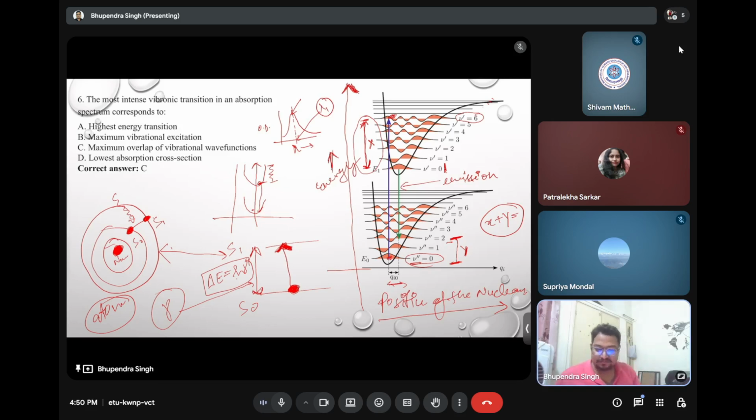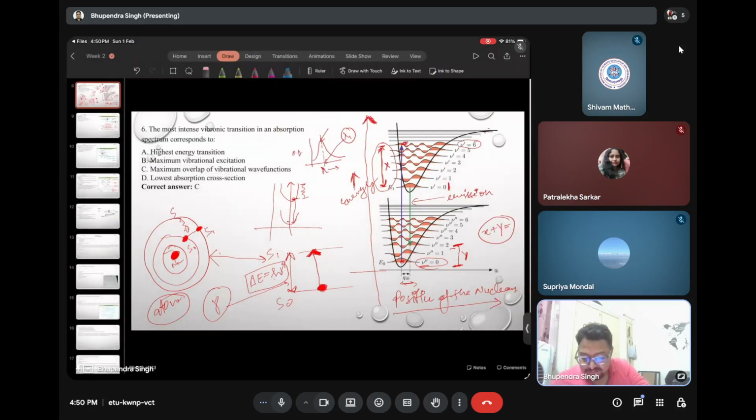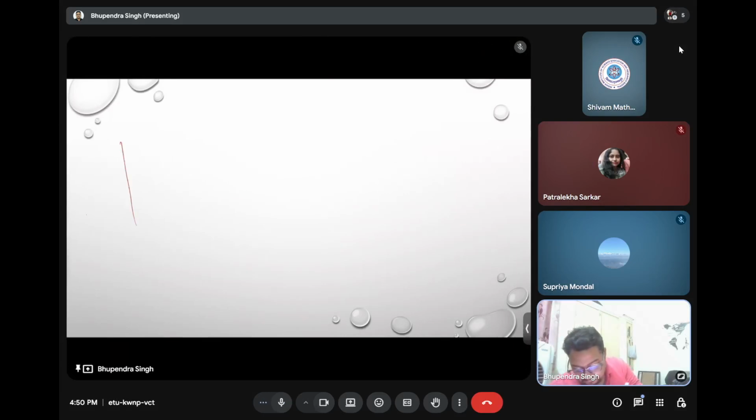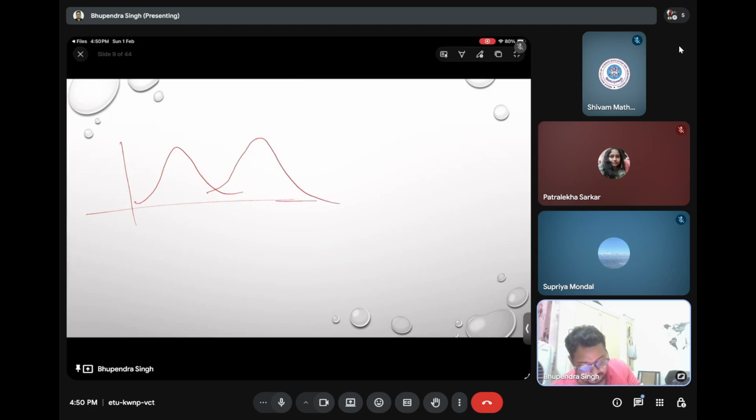Maybe it is hard to visualize, but I will show you. Let me take another slide. Then see. This is, let's say, wavelength. This is intensity. So let's consider this as green.